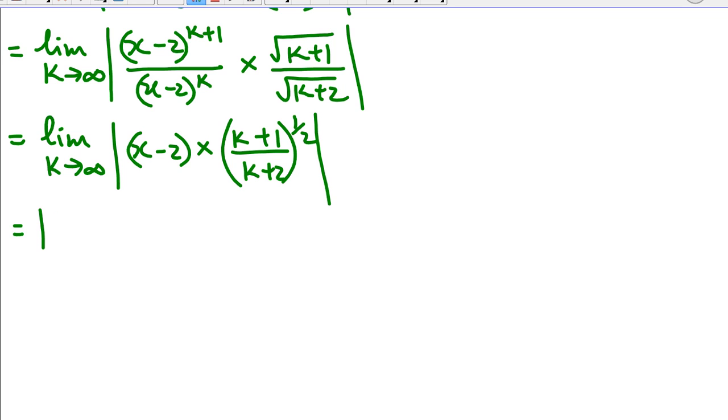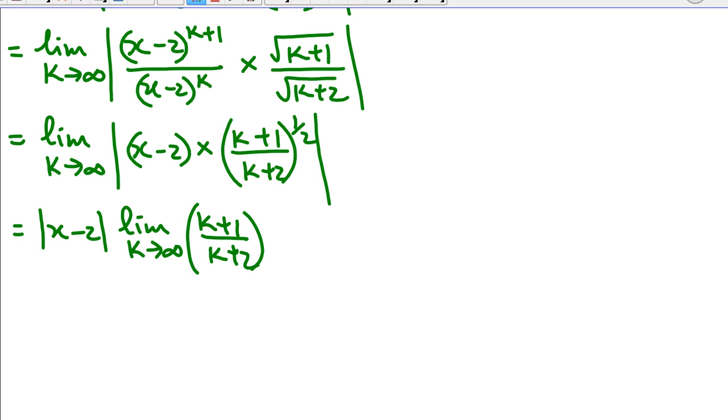So absolute value of x minus 2. And then here I can write k plus 1 over k plus 2, just use brackets, all this to power a half.